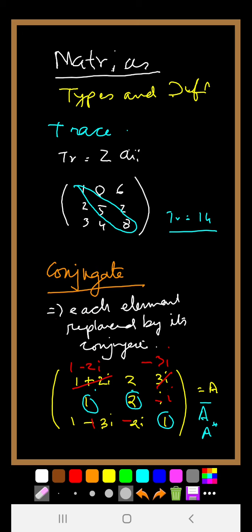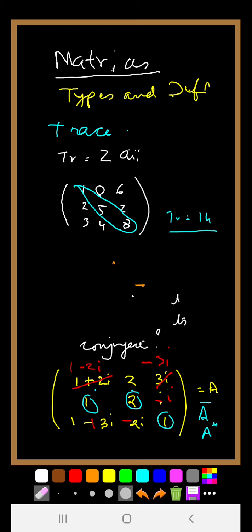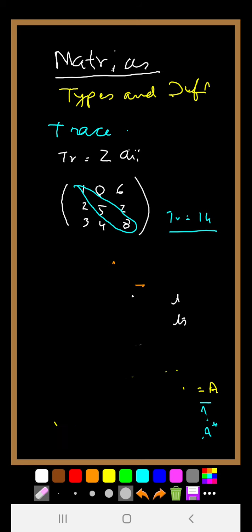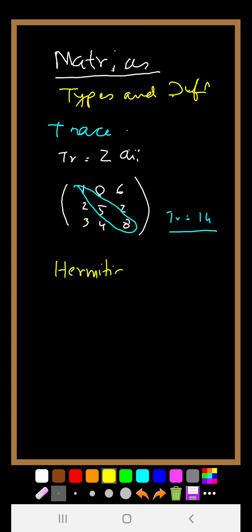Great. So the next type of matrix is called a Hermitian matrix. If the transpose conjugate of a matrix gives you back the same matrix, then you call it a Hermitian matrix.